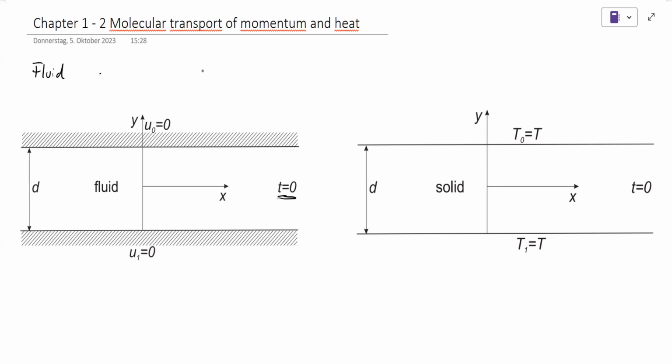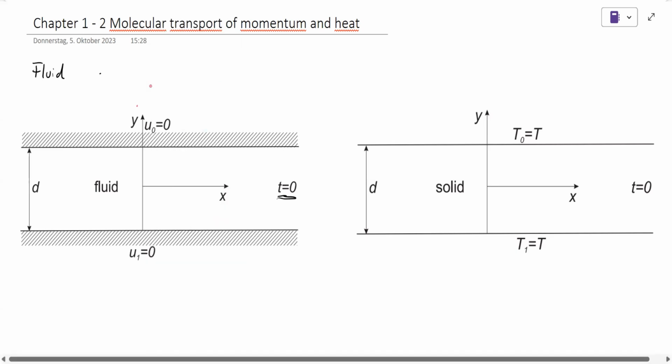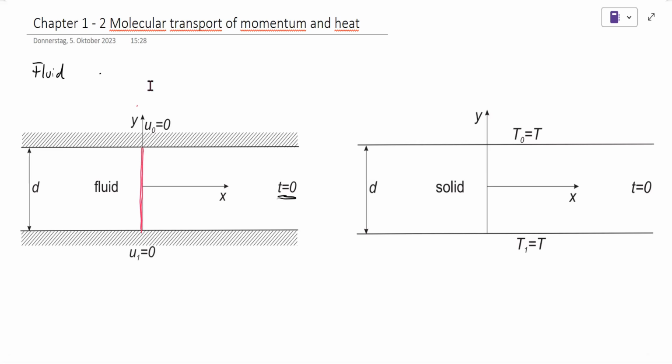Both plates have a distance denoted with a d, and in that case we do not see any velocity. That means the velocity is 0. So the velocity field u, depending on y, equals 0. That is the case at t equals 0.